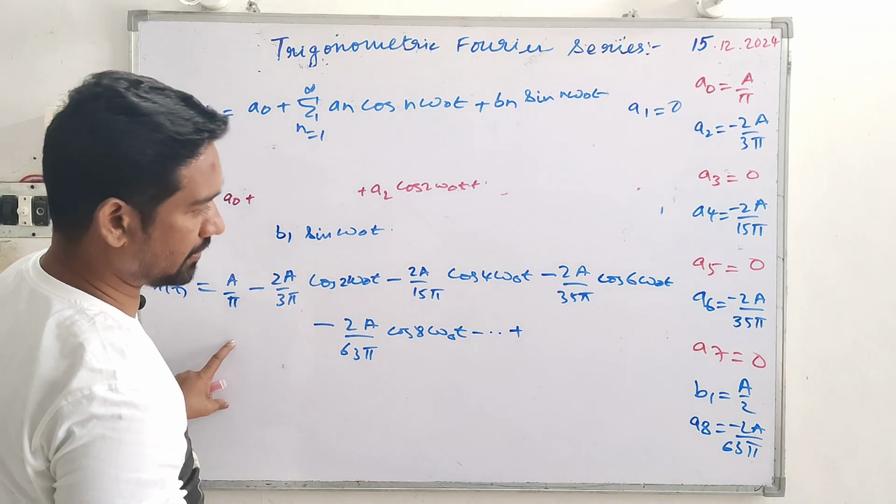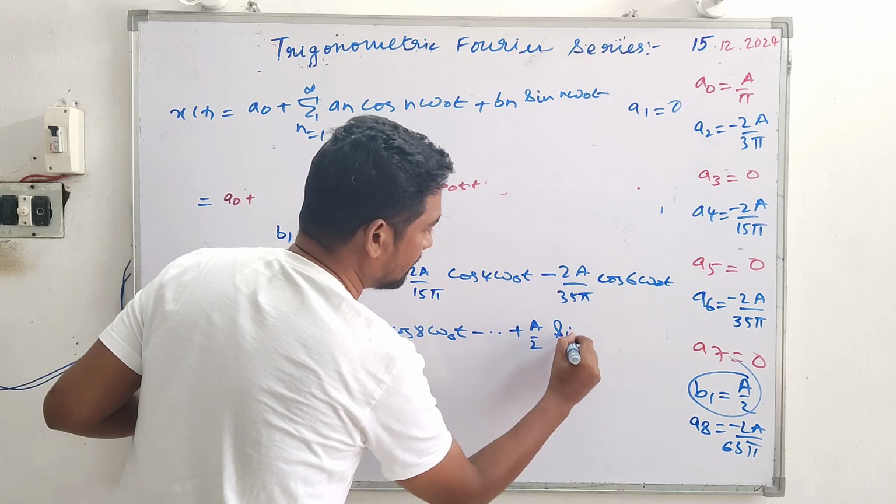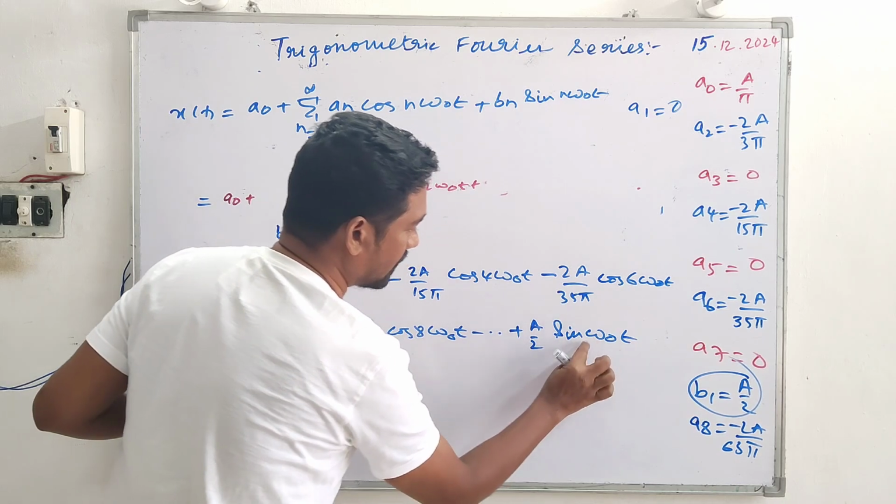What was that? b1 is a by 2 sine omega naught t.